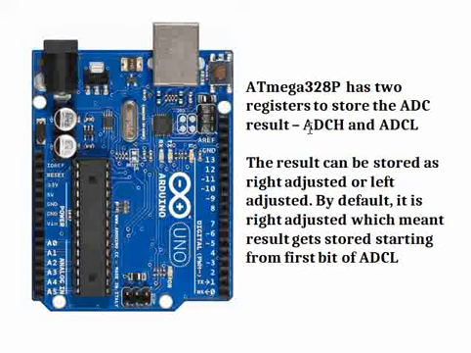For that, the result inside these ADC registers can be saved as either right justified or left justified. If the result is stored as right adjusted, it means the 0, 1 or 1, 0 that we talked about will be towards the first bit of ADCL.